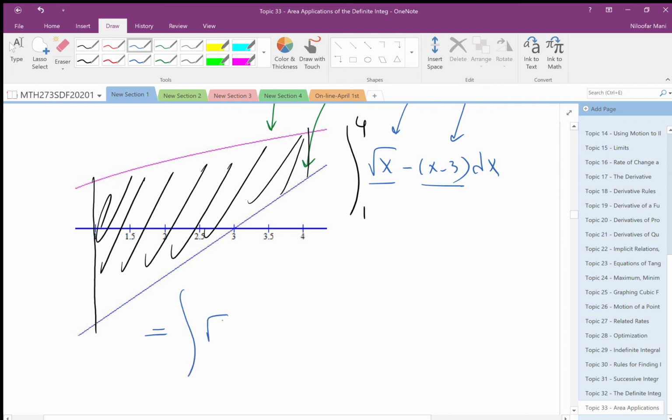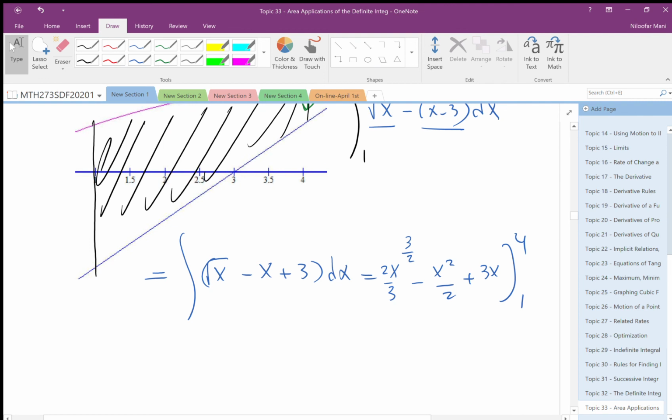So here it is: integral of radical x minus x plus 3 dx, which is x to the power 3 over 2 times 2 over 3, minus x squared divided by 2, plus 3x, from 1 to 4.